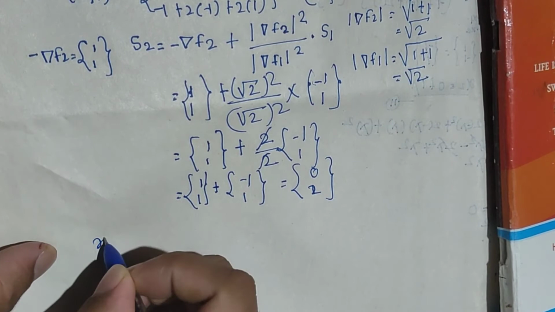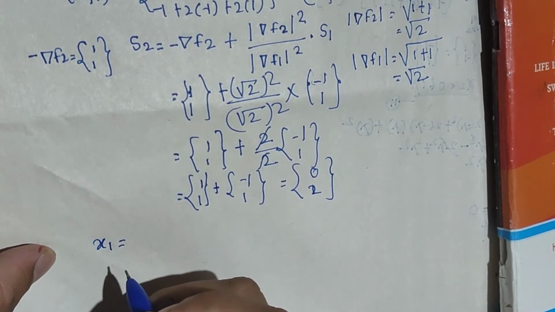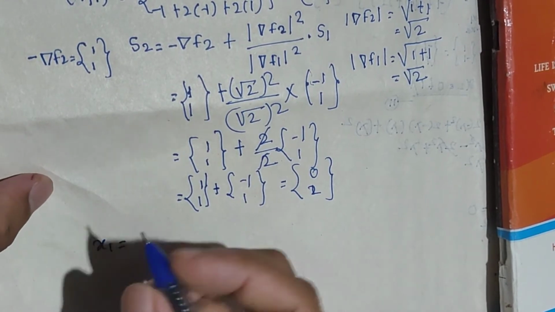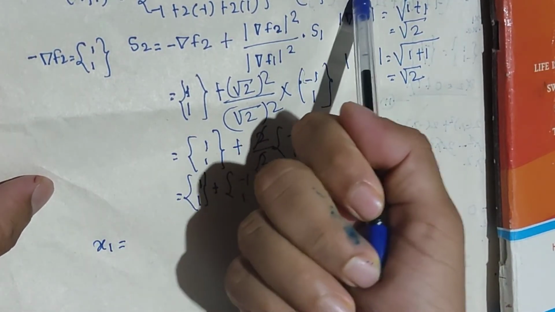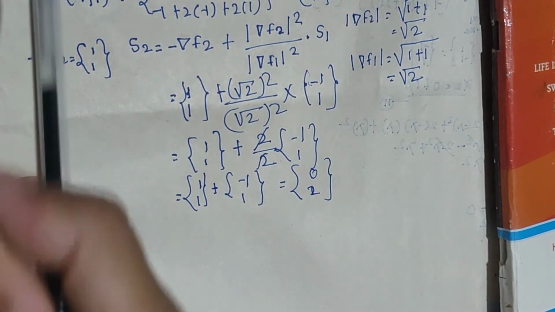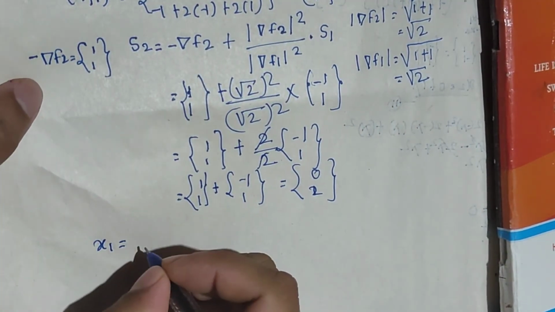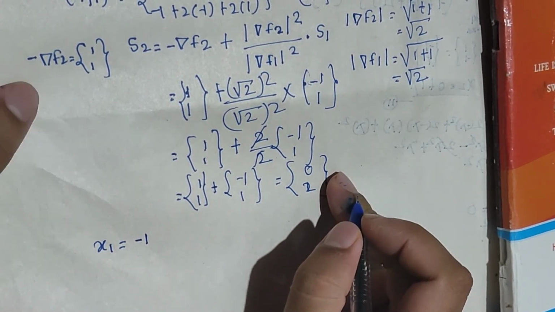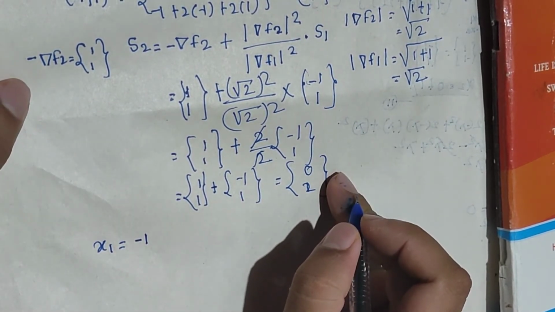Now x1 equals the values of del f2, the values of x1 and x2, that is, the earlier values of x1 and x2 are minus 1 and 1, plus the present values of s2.